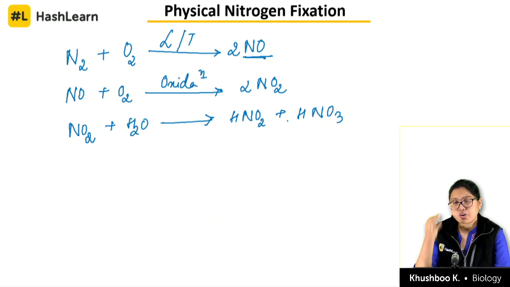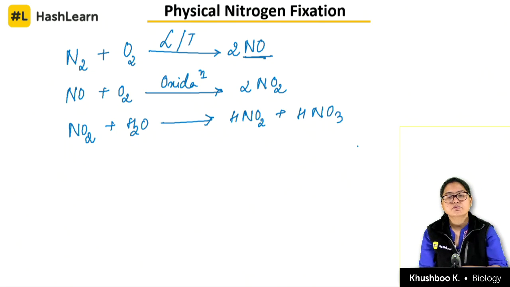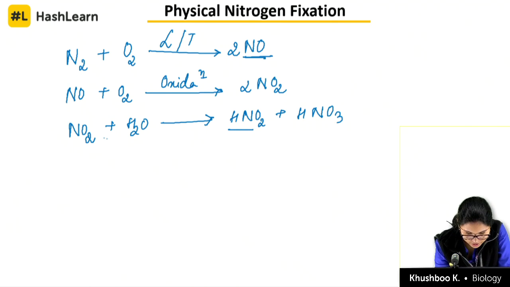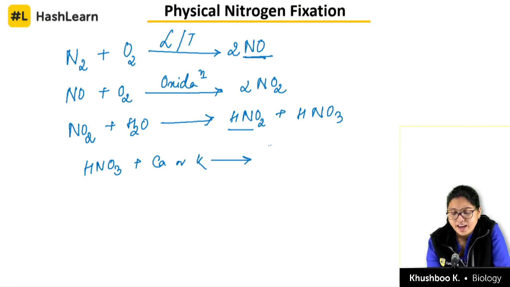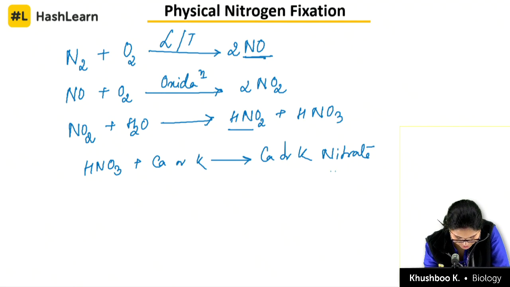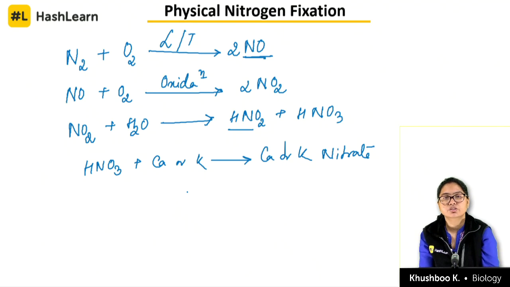That's why it comes down as an acid, and once it comes down on the earth, this HNO3 can combine with calcium or potassium to form calcium or potassium nitrate, and this is the form in which plants can take up nitrogen. If plants get nitrogen in this way, that is called physical nitrogen fixation.